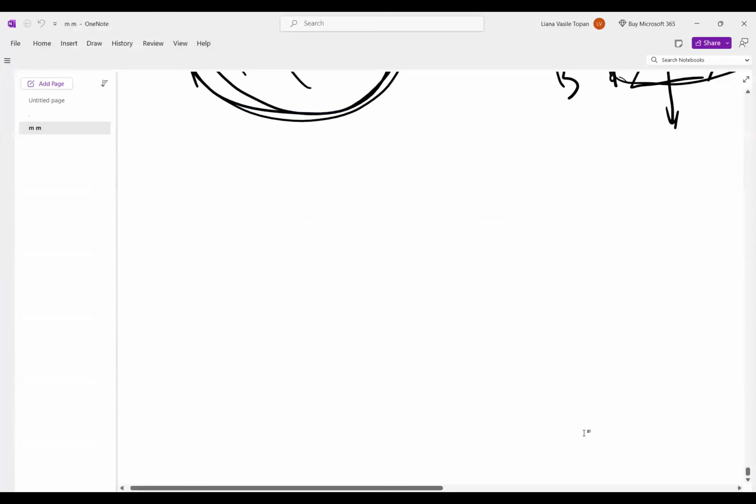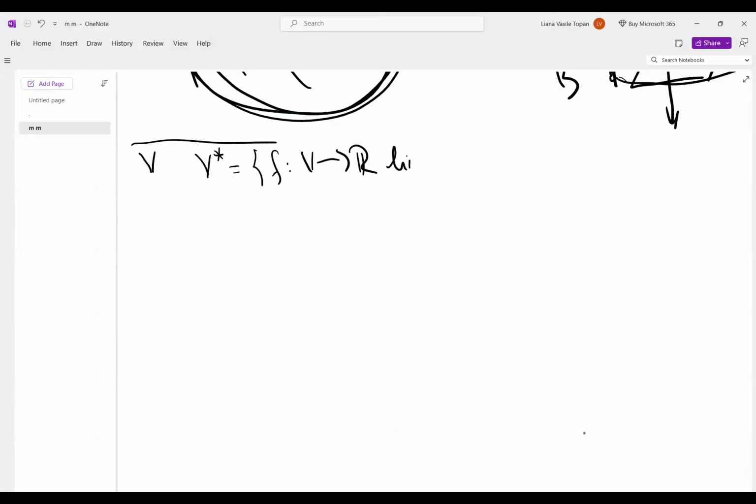So what we said is this: we have a vector space. Now you know what is V star. This is the algebraic dual. Here you have all the maps that go from V into R, which are linear. This is the algebraic dual.